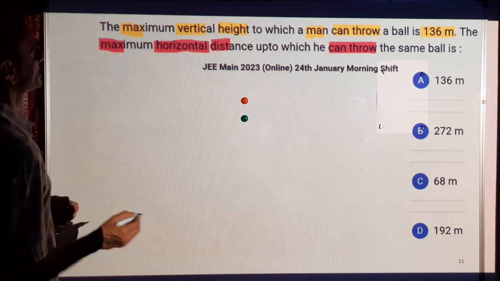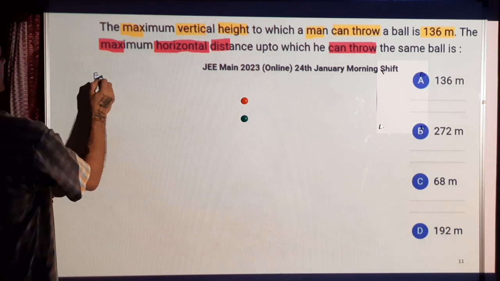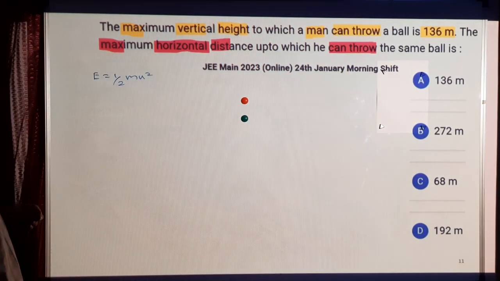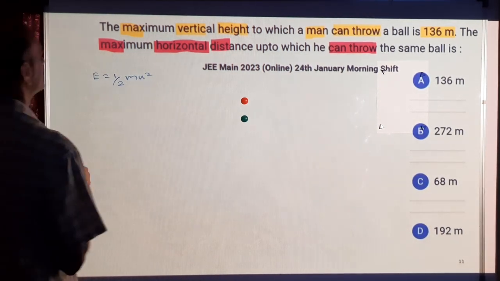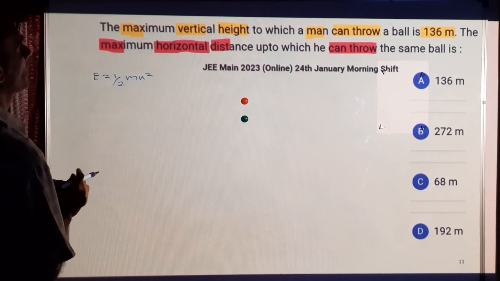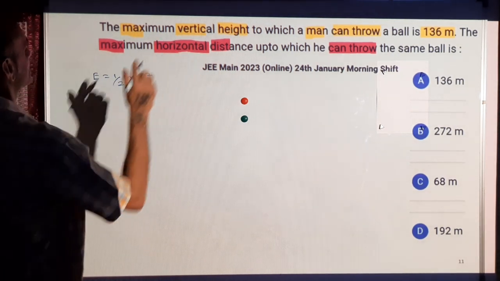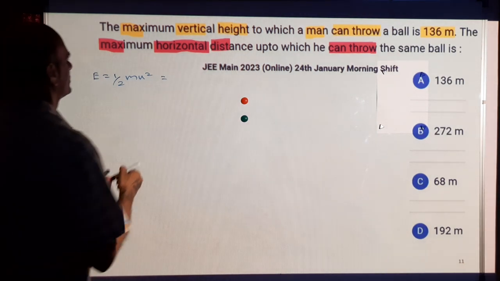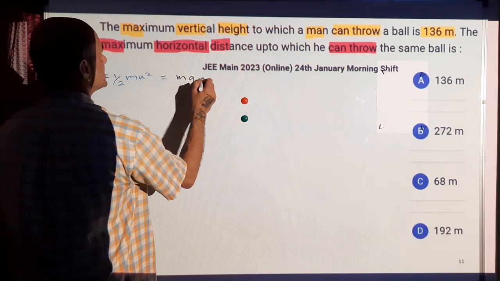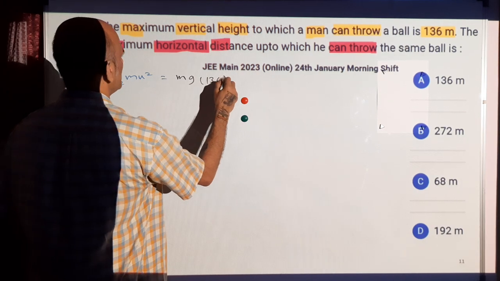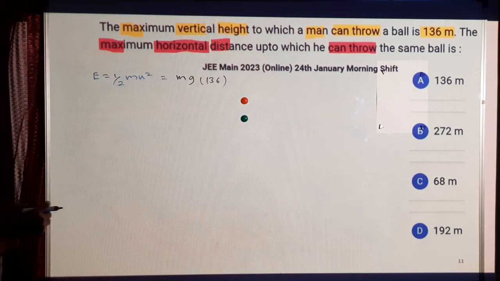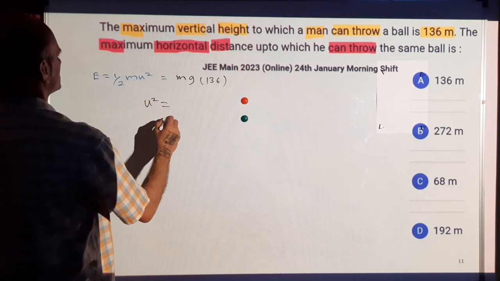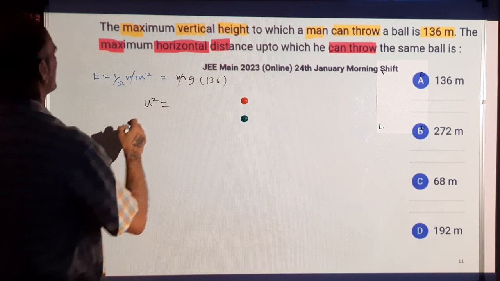So this person can impart an energy of half m u square to the ball, and that is going to increase the potential energy by the value mgh, where h is 136 meter, SI units. So from which we get the u square which the person can throw; m and m will cancel.